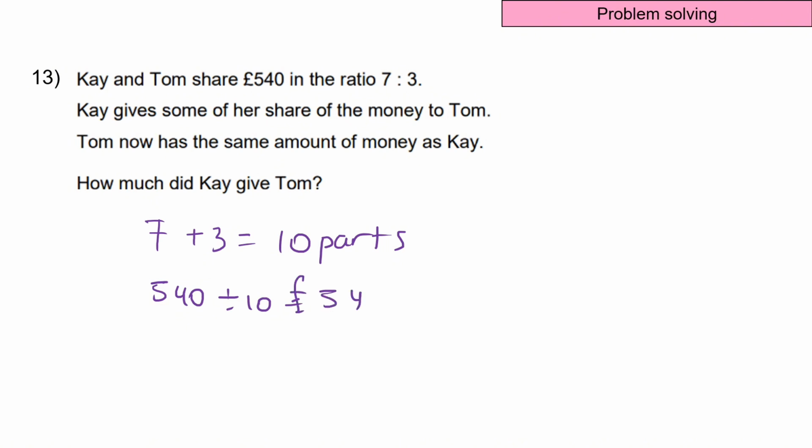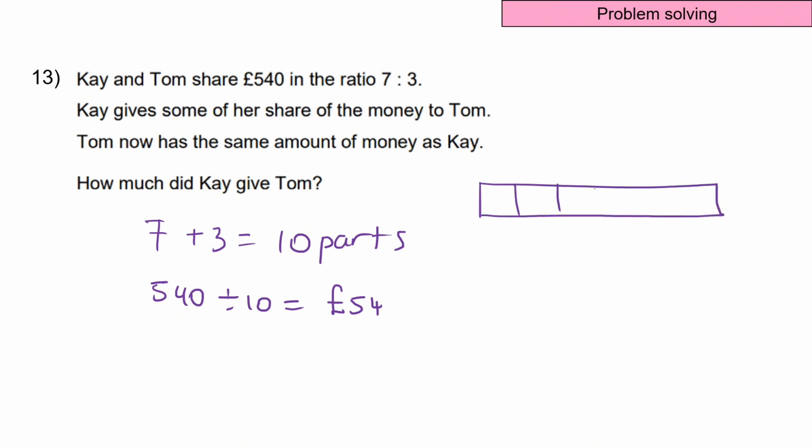Let me just write this better. £54 for each part. So for visual learners, I'm just going to quickly do a box section. So 1, 2, 3, 4, 5, 6, 7. This is K, and Tom is going to be 3.